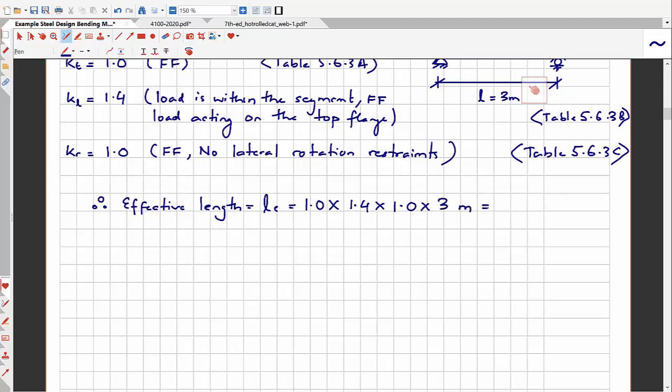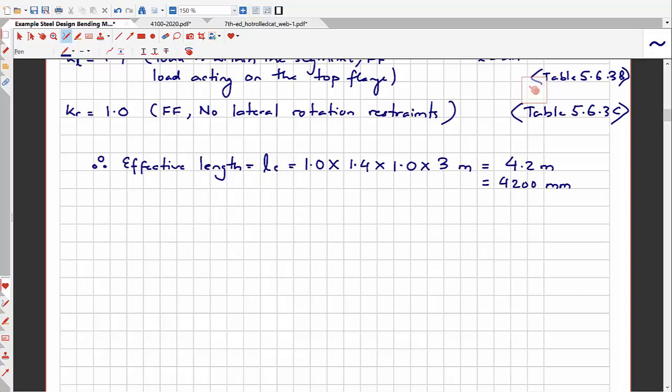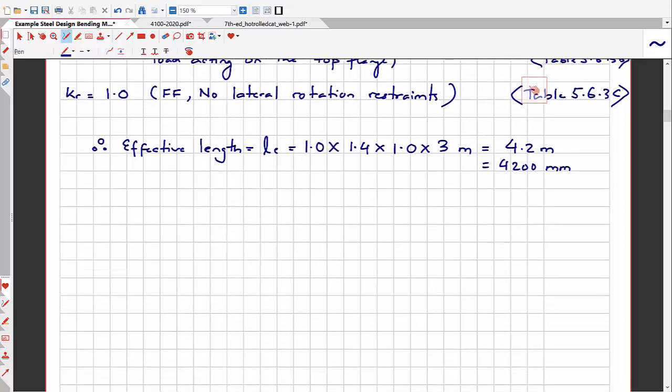So that means we have an effective length of 4.2 meters, which is 4200 millimeters. Now, once we know the effective length, we can find out the reference moment, M naught, which we need for finding alpha S.